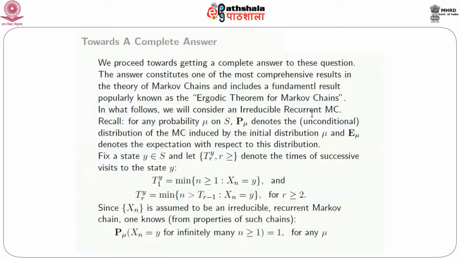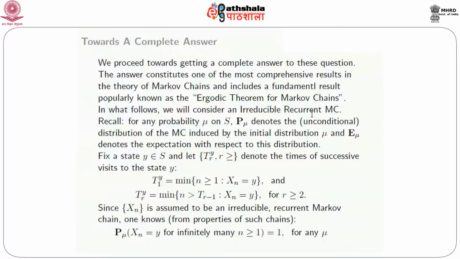Well, since Xn is assumed to be an irreducible recurrent Markov chain, we know from properties of such chains that the P mu probability that Xn is y for infinitely many n is 1, because the P mu probability can be written in terms of conditional probabilities. So you can write P mu as the sum of mu(x) times P sub x of that event. But for every x, we know the Px probability that Xn equals y for infinitely many n is 1.